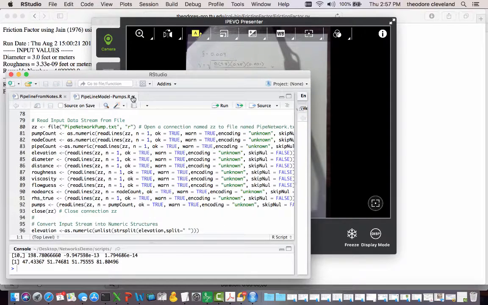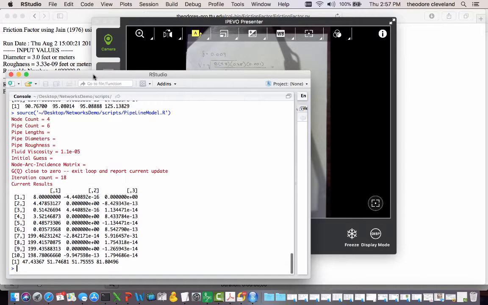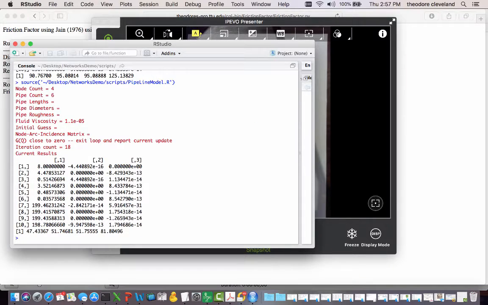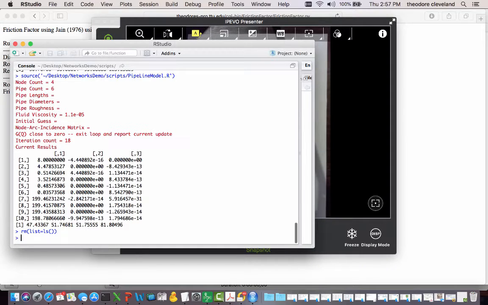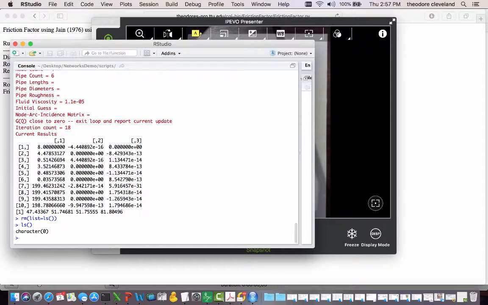But I do have RStudio. Okay, so I have an empty workspace.